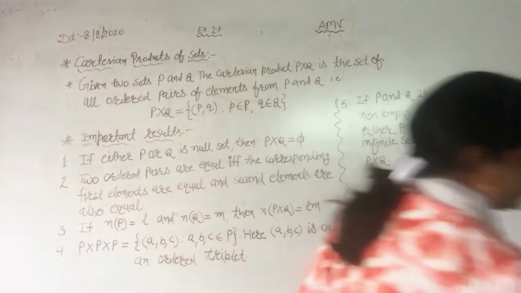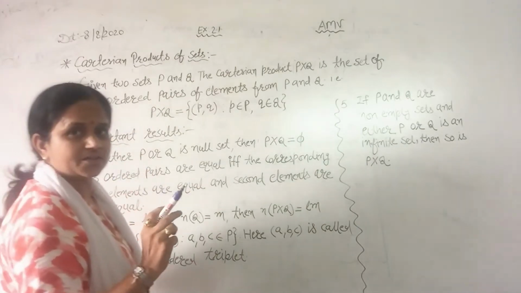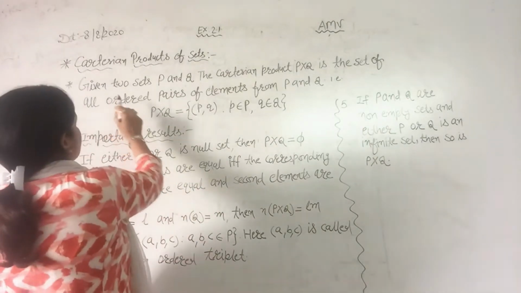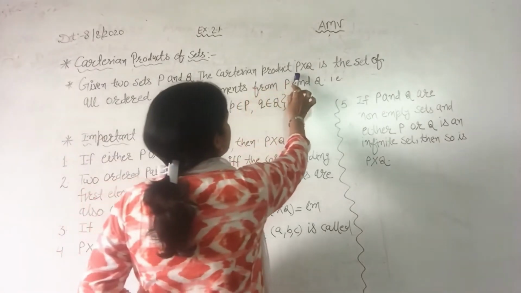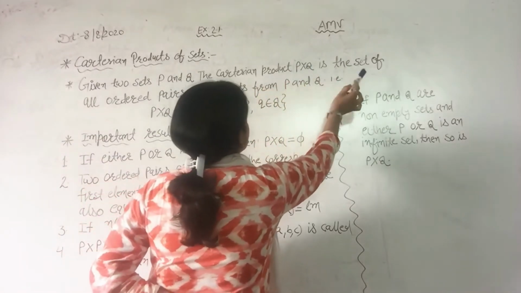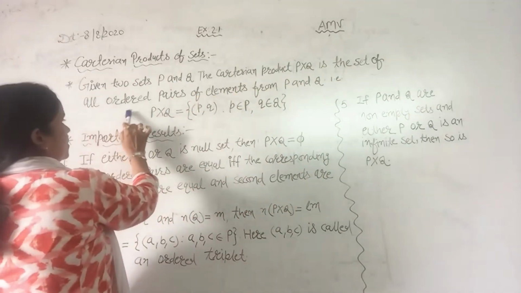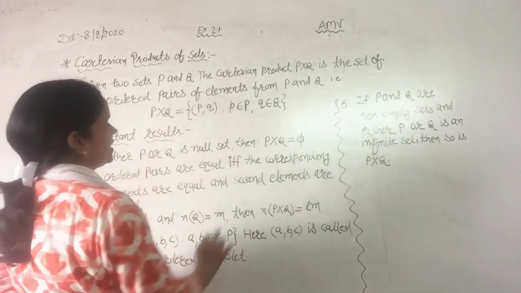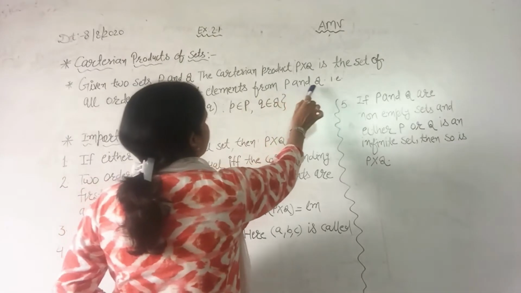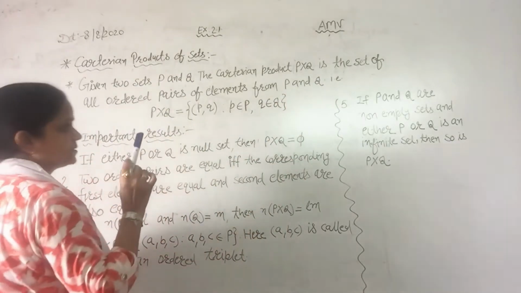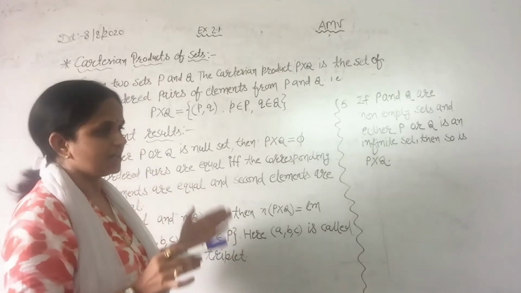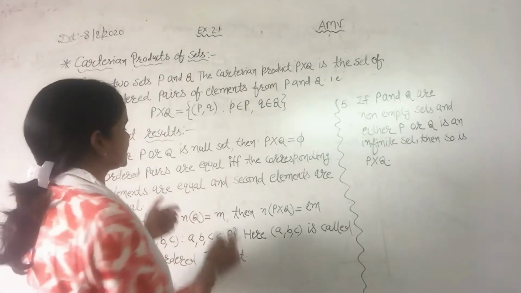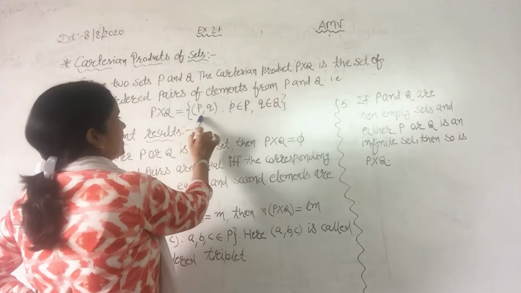Okay. So what is the Cartesian product of sets? Given two sets P and Q, the Cartesian product P×Q is the set of all ordered pairs of elements from P and Q. Students, the Cartesian product of sets is also a set, but the elements of the set are ordered pairs.